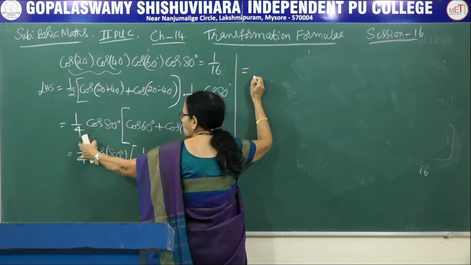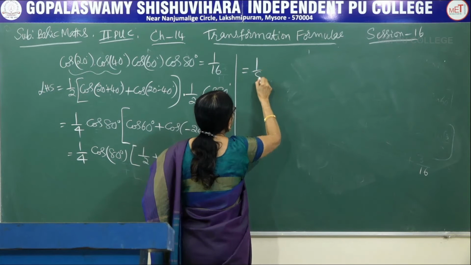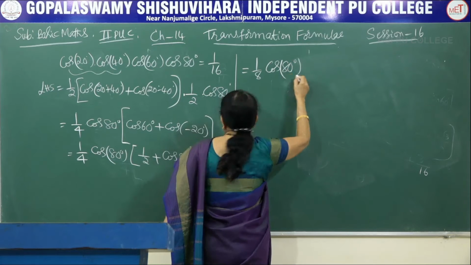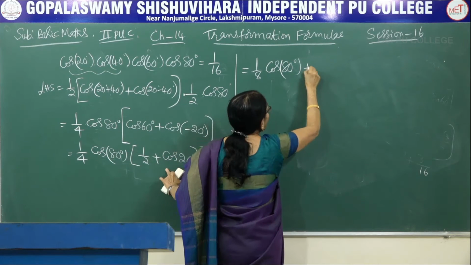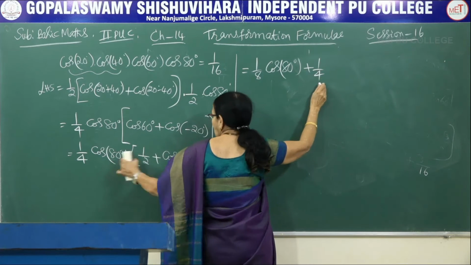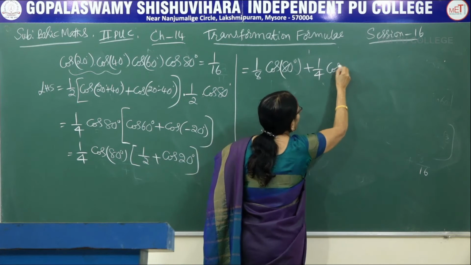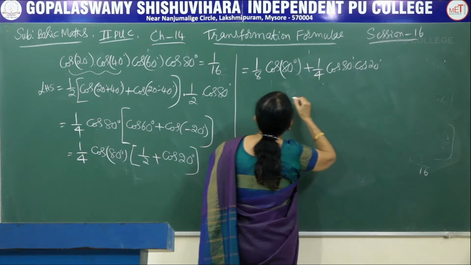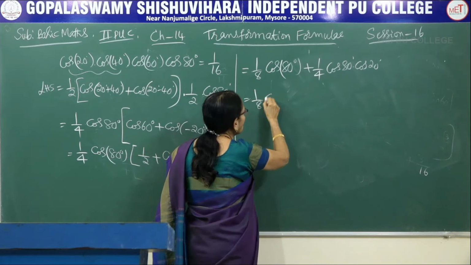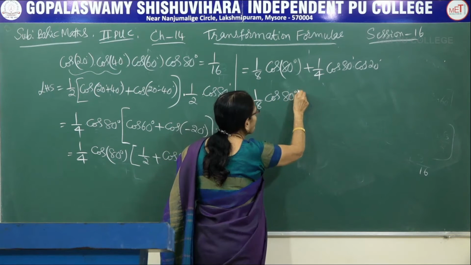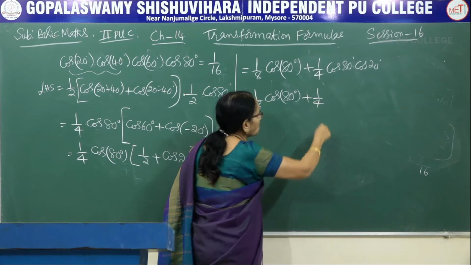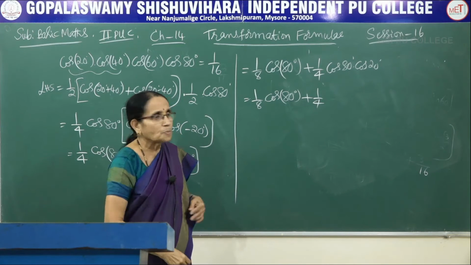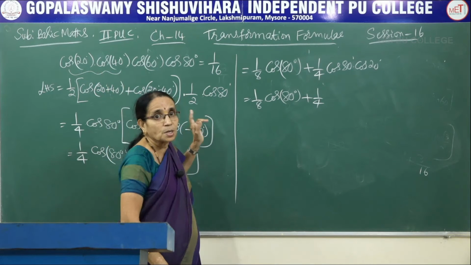Then we can apply another formula and get the required result. So that would be 1 by 4 into 1 by 2, that is 1 by 8 into cos of 80 degrees. Then 1 by 4 into cos 80 into cos 20. So here 1 by 8 of cos of 80 degrees plus 1 by 4 of, look at the product here. It is the cos A into cos B formula, the same formula which we used in the first step.